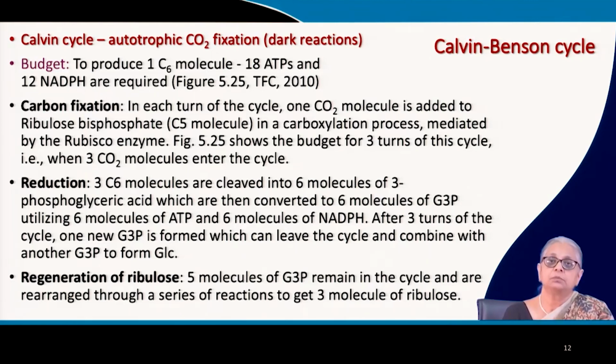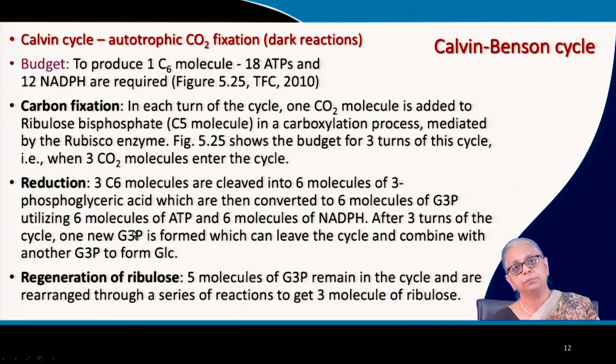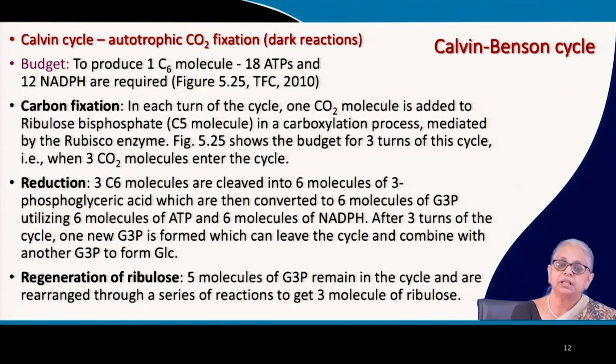So you get 3 molecules of the original ribulose compound, and that is the full Calvin-Benson cycle. It's only the excess G3P that is formed that can leave the cycle, and when you have 2 molecules of G3P, that will allow you to generate 1 glucose molecule.